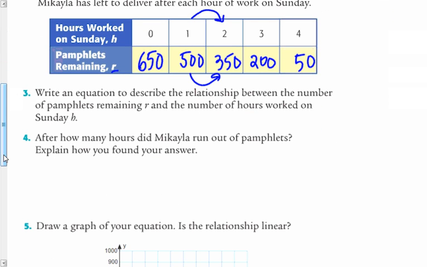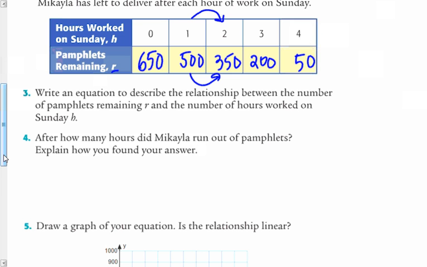Now to write an equation to represent this, again, she's delivering 150 per hour. So if I multiply my number of hours times 150, in this case I need to subtract that from 650. We can do this a couple of ways.